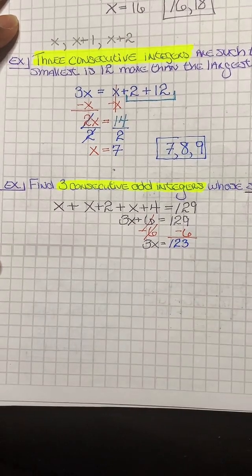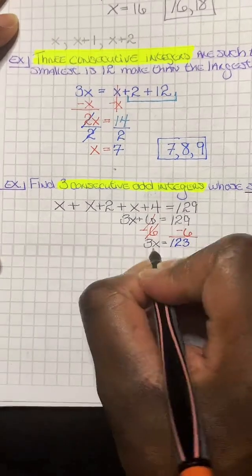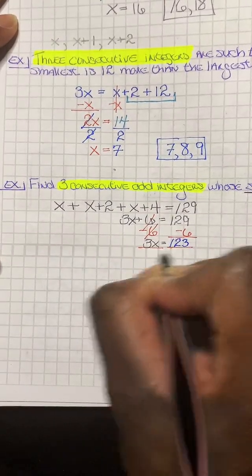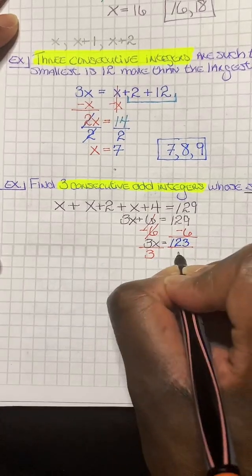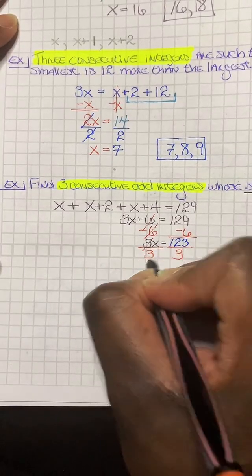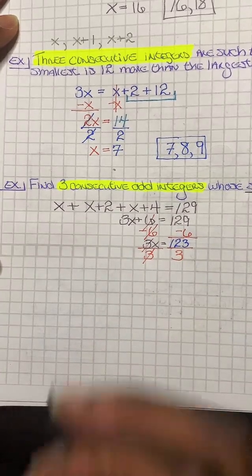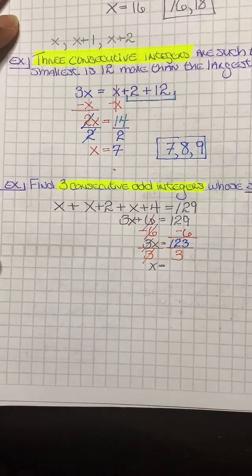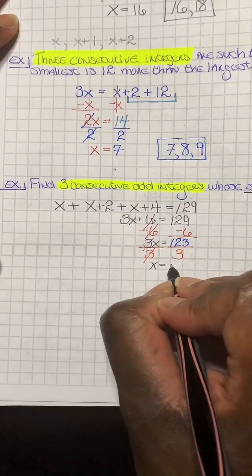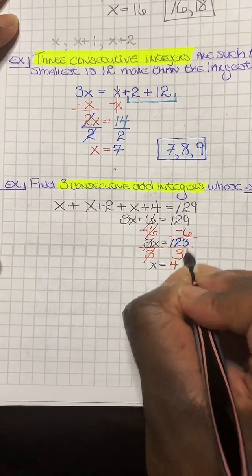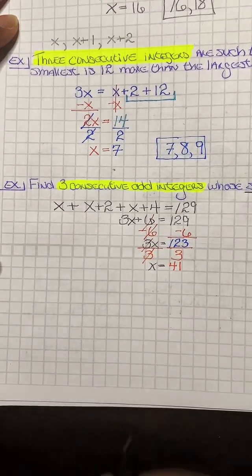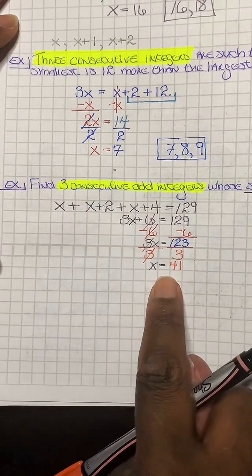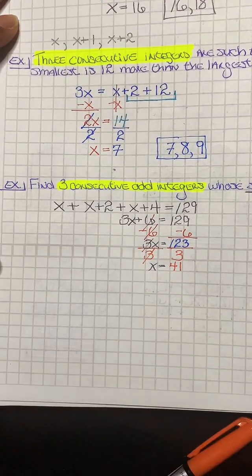Now we want to divide both sides by 3, because 3 was messing up. So x is equal to, 12 divided by 3 gives me 4, and 3 divided by 3 gives me 1. So now I have x is equal to 41.